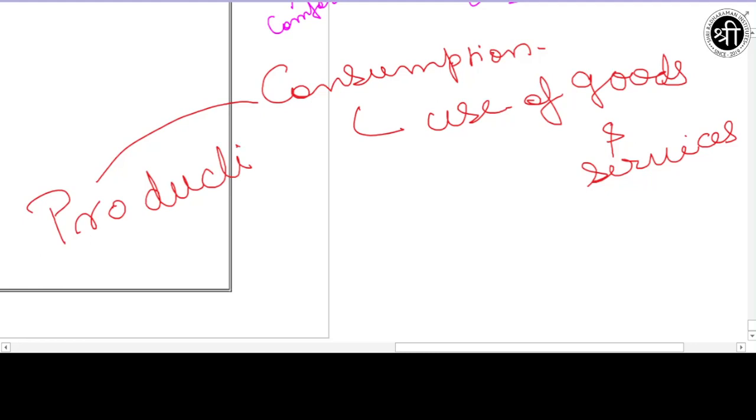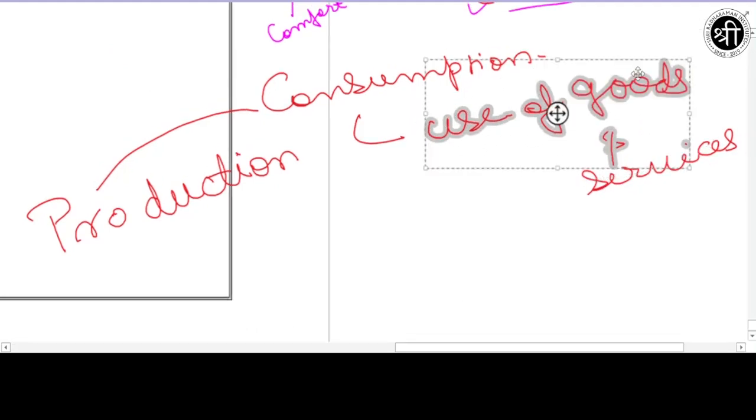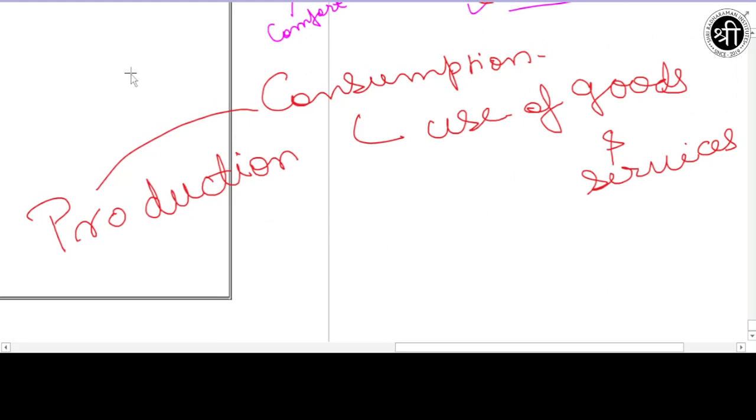production. We talked about consumption, which is the use of goods and services, and now if we talk about production, then that is also similar. Production means the making of goods and services.